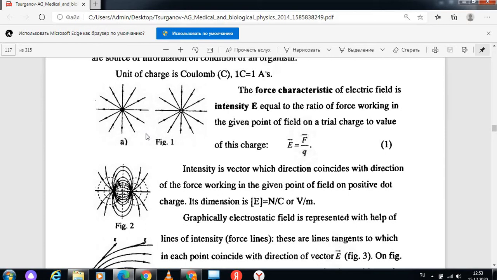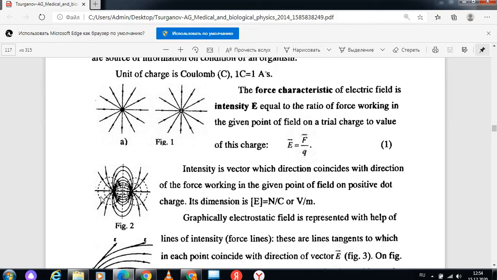Yes, it was made historically from this division of the electricity science. So graphically we will represent our field with the help of the lines of intensity or force lines. Each point of these lines is tangent and coincides with the direction of vector E, the direction of the vector of intensity.